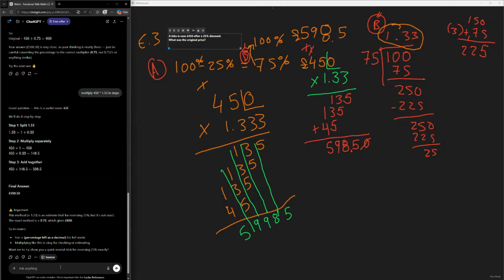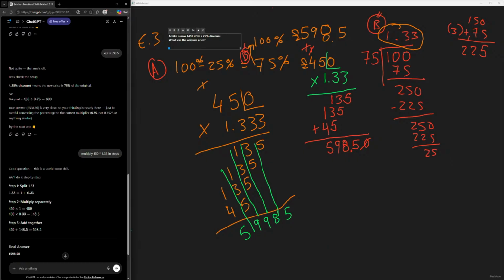Interesting. Mm, I just don't quite like this method, you know. So what he does here is 450 divided by 0.75.